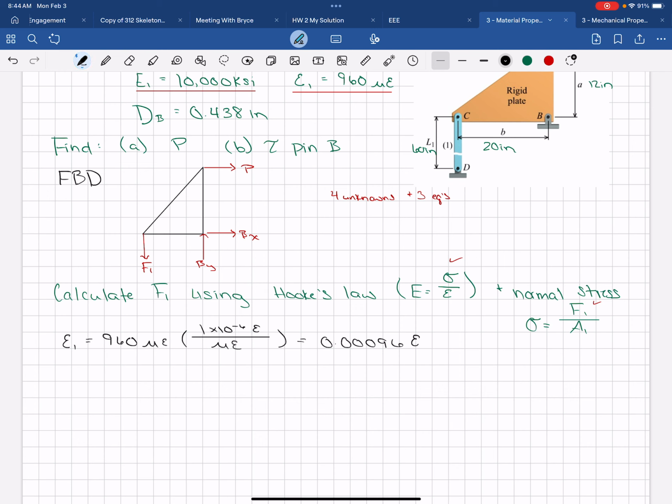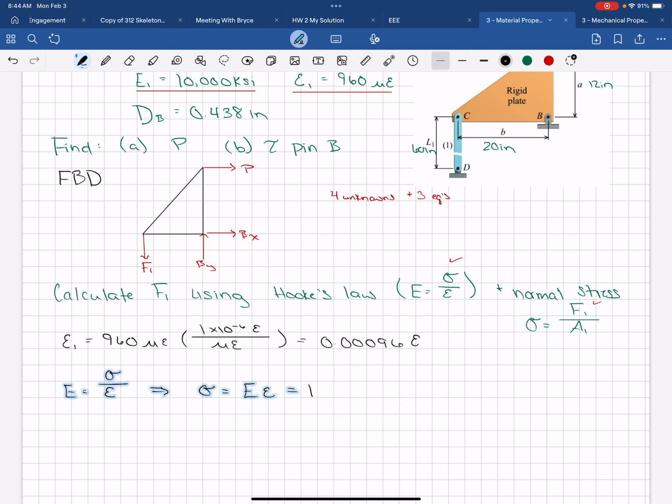Okay, now I'm going to use Hooke's law. So E equals stress over strain, meaning that stress equals E times strain.